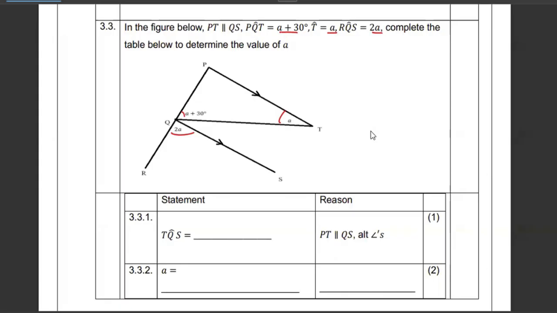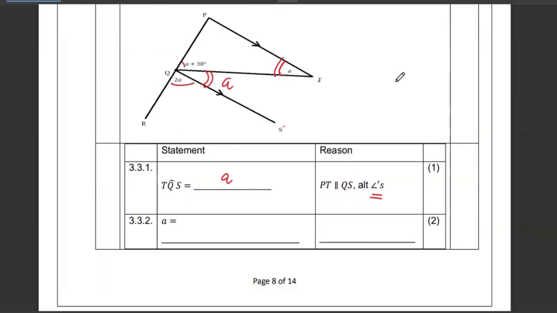Complete the table below as you determine the value of A. So we know that TQS, this angle here is going to be the same as this angle because of alternate angles. So I'll say that is A. And then they want us to get the size of A.